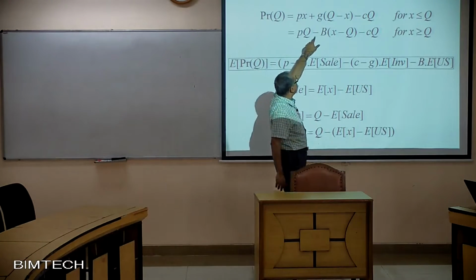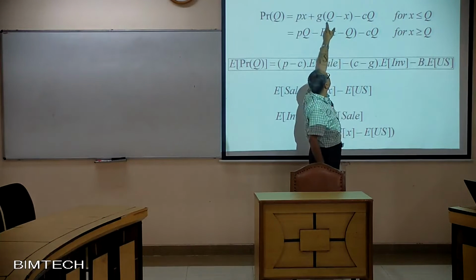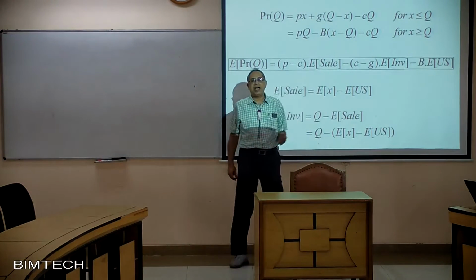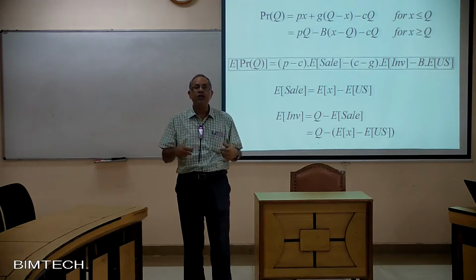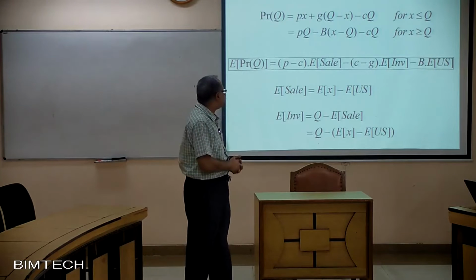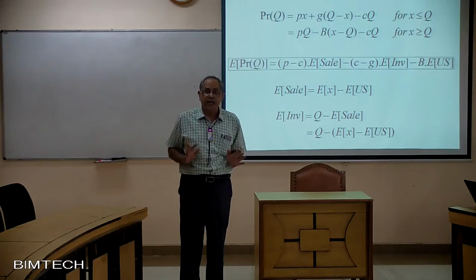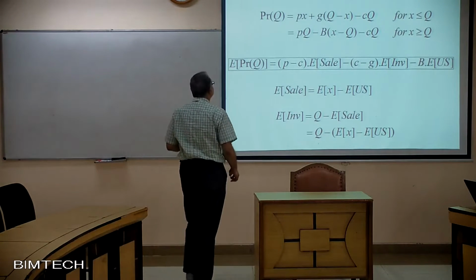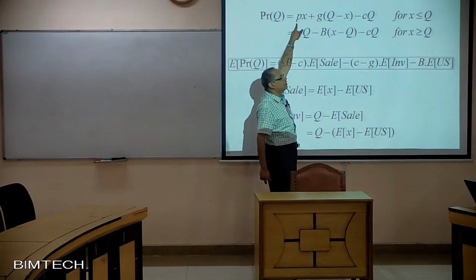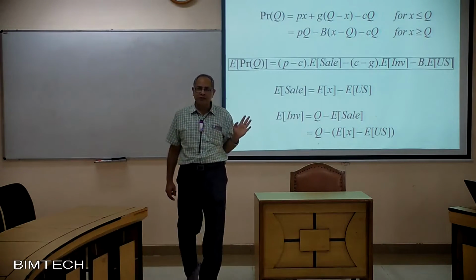And this quantity Q minus X, which is the excess quantity left with us, can be salvaged at a value equal to G, and this G multiplied by that quantity Q minus X is the inflow of money into the kitty, and therefore gets added to the overall revenue, which is P times X. Okay, fairly simple.